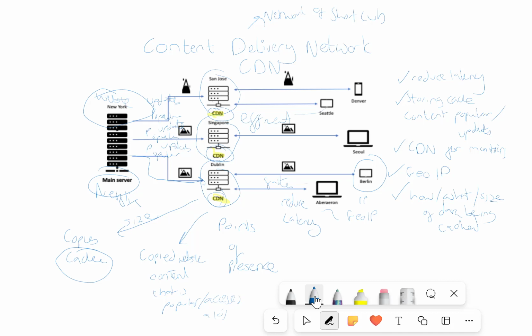We've come across the term points of presence, which is basically the different parts of the world these CDNs are in. So CDNs are points of presence. And we've come across the aspect that, again, it just stores a copy. Content delivery networks in a nutshell.